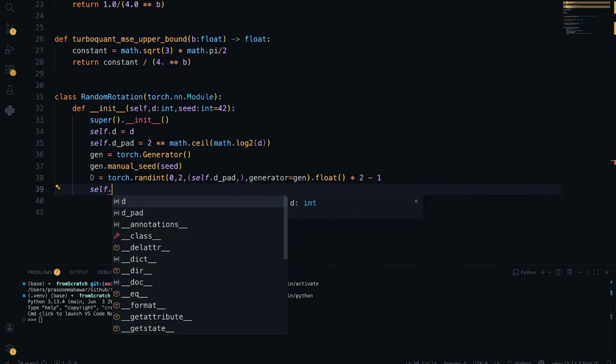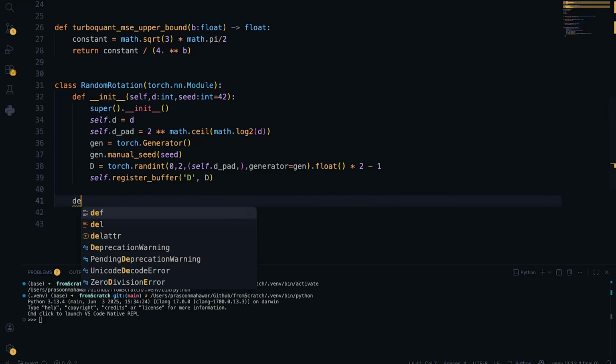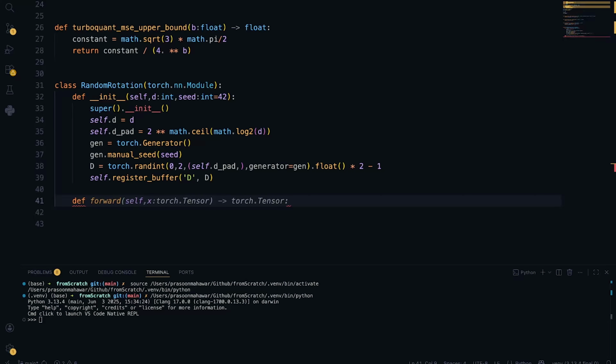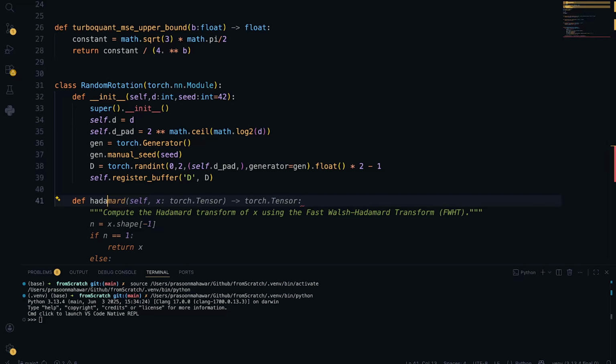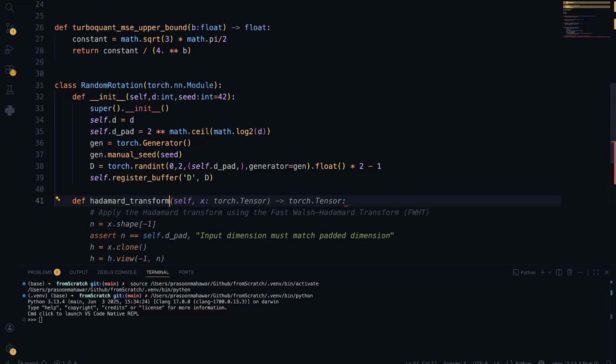Self.register_buffer, the name and d. And the second method will be def hadamard_transform, this will have self, x, that is the torch tensor, and return the torch tensor.